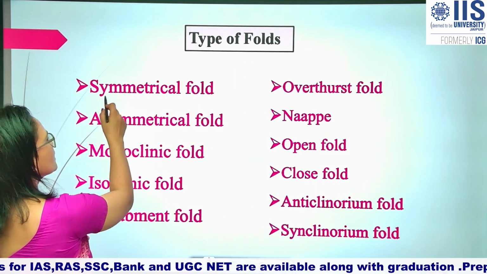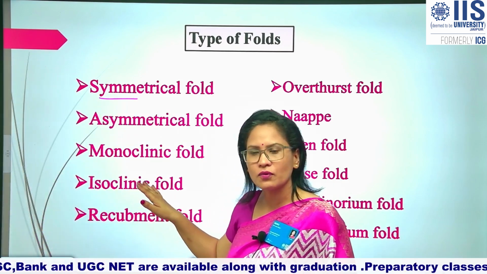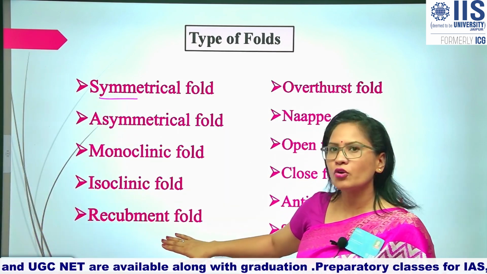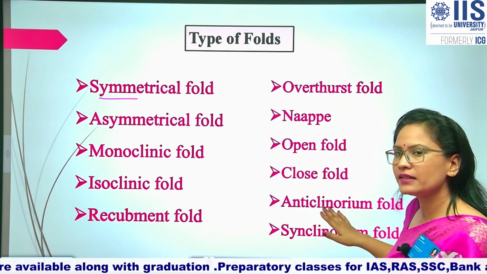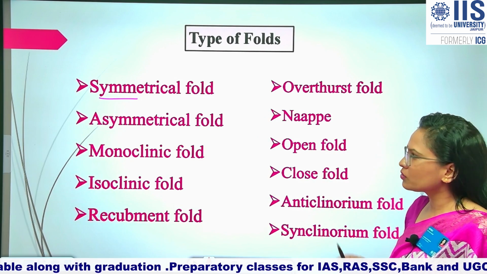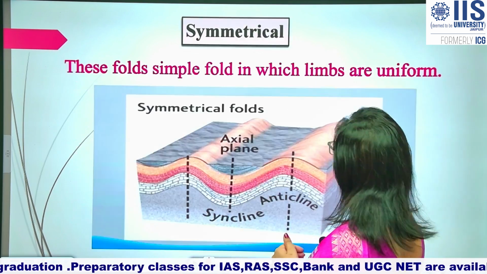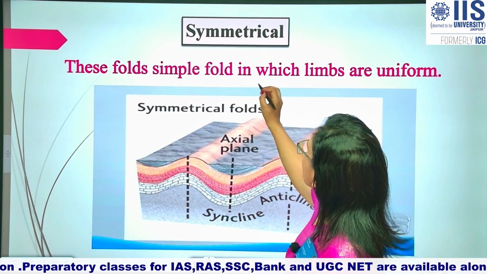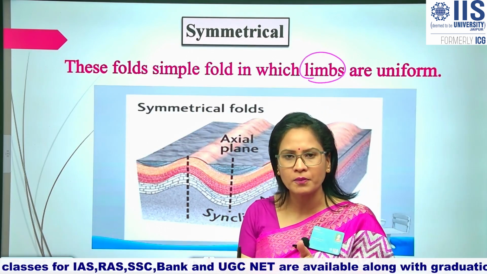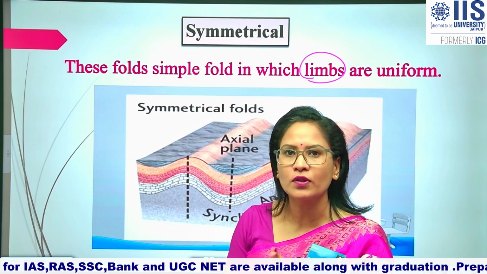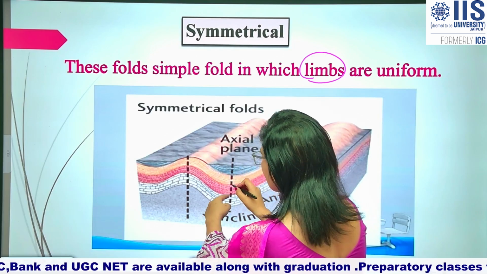For example, symmetric fold, asymmetric fold, monoclinal, isoclinal, recumbent, overthrust, nappe, open, close, anticlinorium and synclinorium. We take them one by one. Symmetrical folds: if the limbs are of uniform form, then they are known as symmetrical folds. But this is the axial plane along which both limbs are formed.